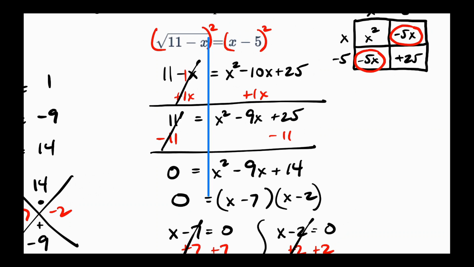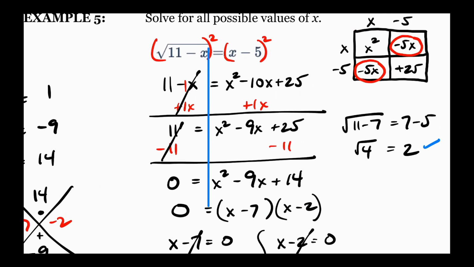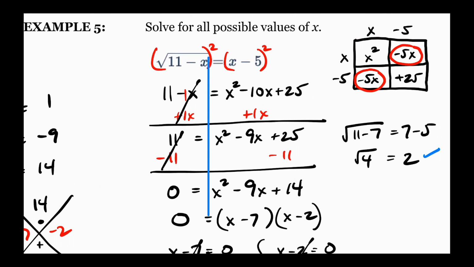Okay, so I'm going to plug in 7 first. When I plug in 7, I get the square root of 4 equal to 2. Yep, that's true. The square root of 4 does equal 2. So 7 is a verified answer. Okay, and the other one is positive 2.